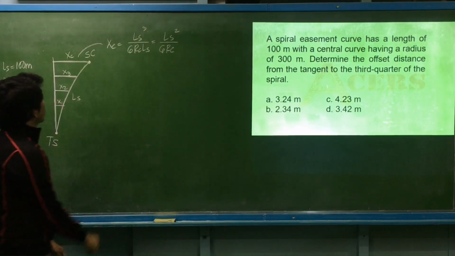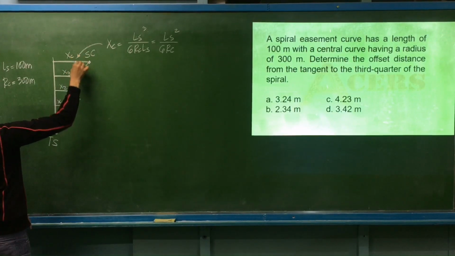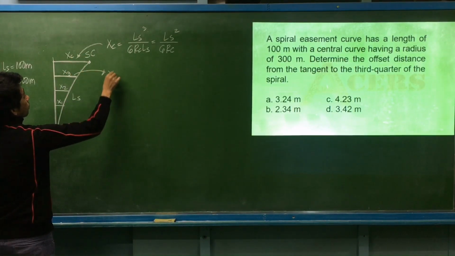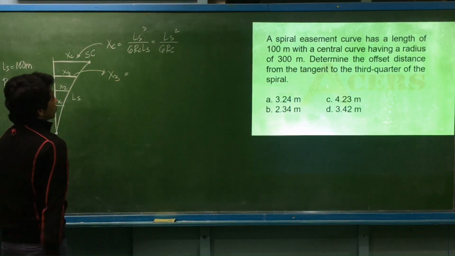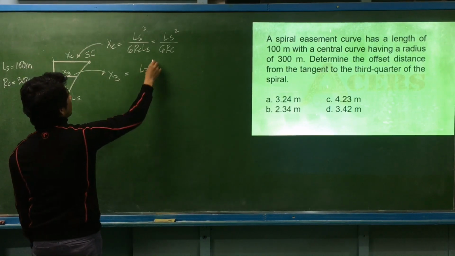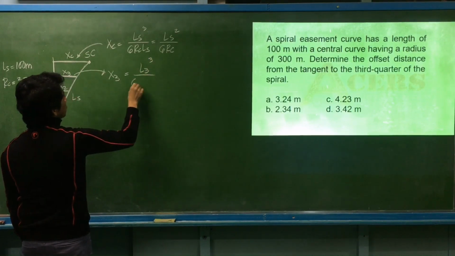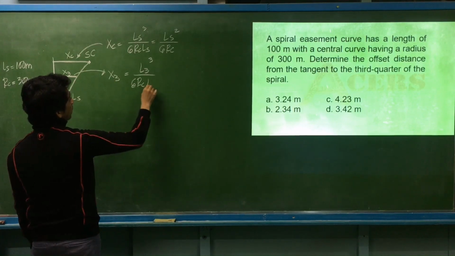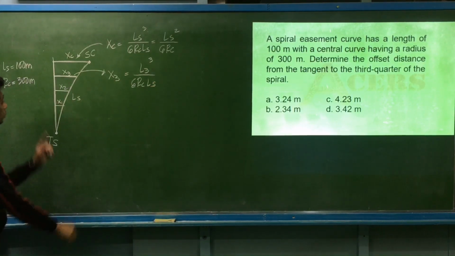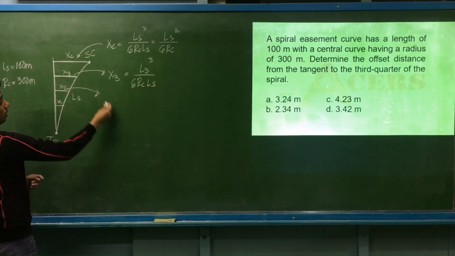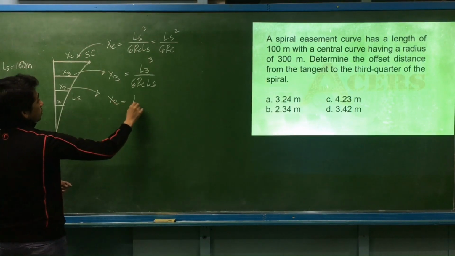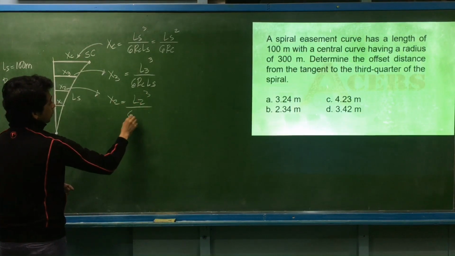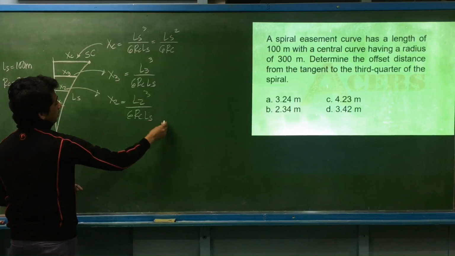That's all. So, what about the third quarter? For x sub 3, we use L sub 3. L sub 3 cubed divided by 6 radius of the curve LS. So, it's the same here. For example, second quarter, x sub 2, this is L sub 2 cubed divided by 6 RC LS.